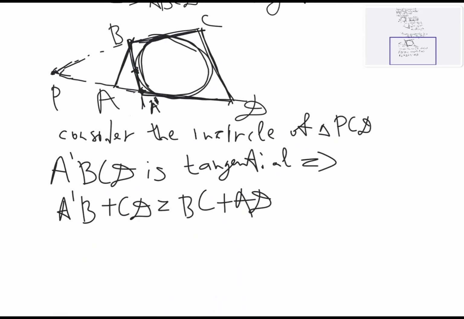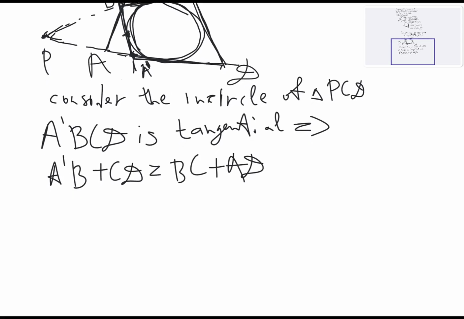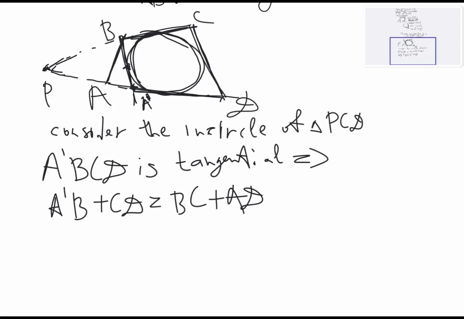So when we subtract one from the other, we get BC plus A prime D, excuse me, not AD, but A prime D, of course.